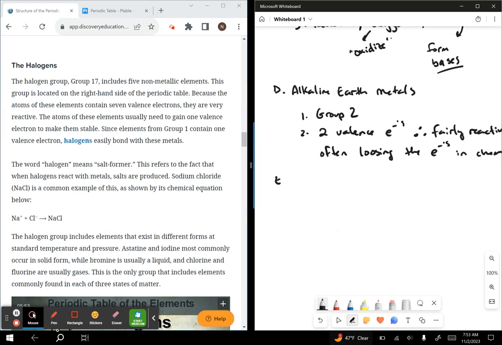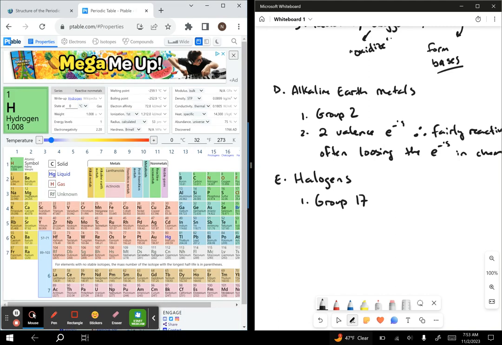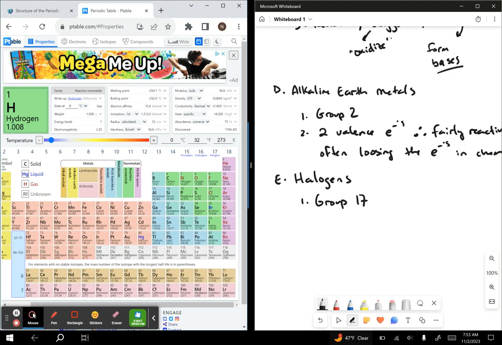Let's move on to group number 17. Letter E. These are the halogens. This is going to be group 17. And if you look on the periodic table, there we are. You can see me drawing a circle around group number 17, your halogens.